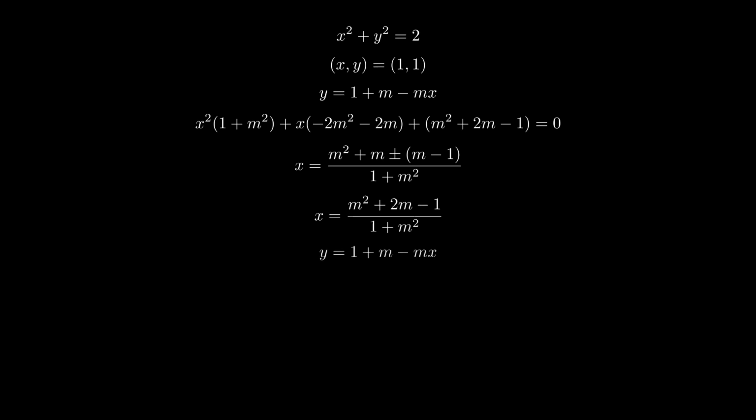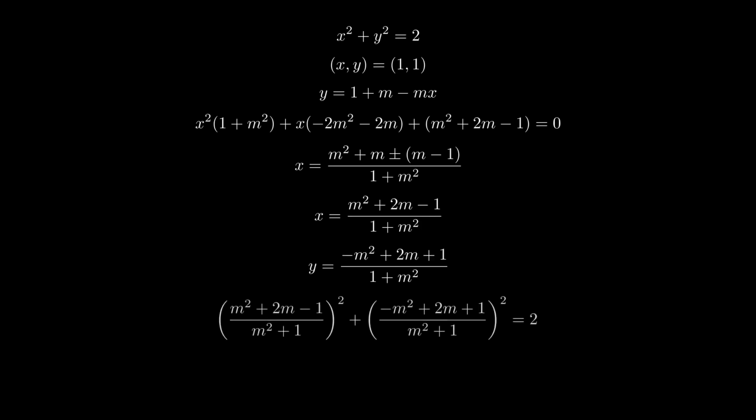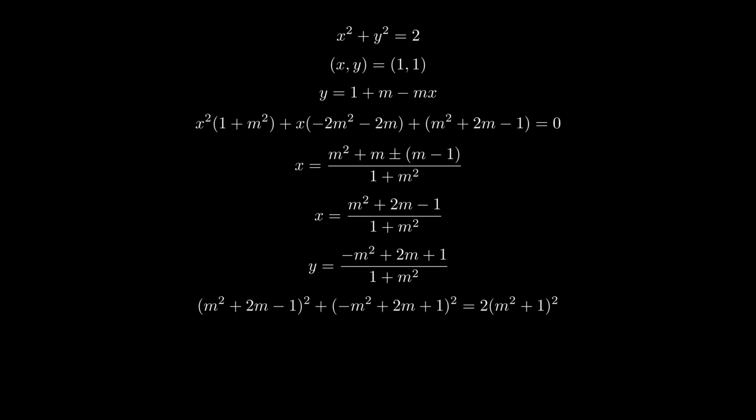Once we know x in terms of m, we can now find y in terms of m. Now here we have a form that looks like a squared plus b squared equals 2c squared. However, we're not done yet because remember, m is a rational number and we have to make this in terms of integers.